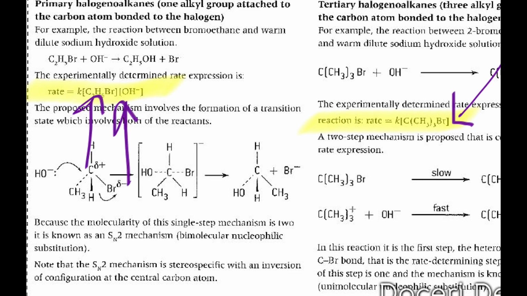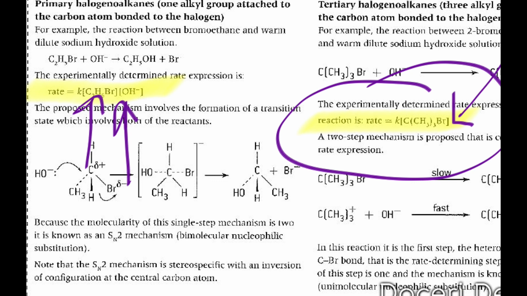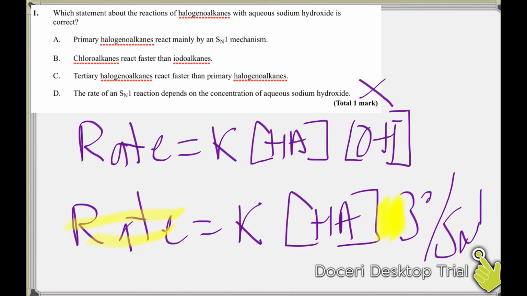So for the SN2 mechanism, hydroxide will affect the speed of the reaction. But for the SN1 mechanism, hydroxide will not affect it because there is no hydroxide in the rate law. So that's the question. C is the correct answer, and I hope you understand now why A, B, and D are the incorrect answers.